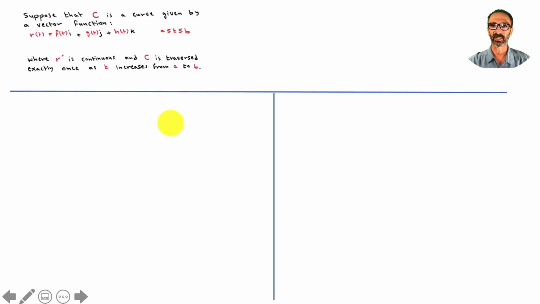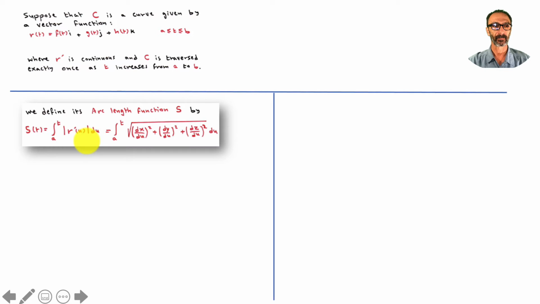This is more like notes in this slide. We define its arc length function s by s of t equals the integral from a to t, where t is the variable and u is called in math the dummy variable, of the magnitude of r prime of u du.